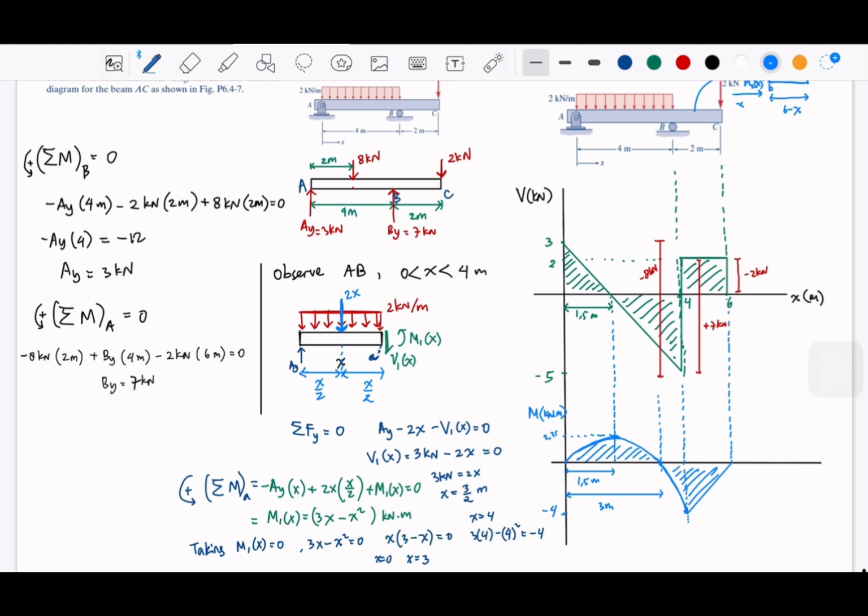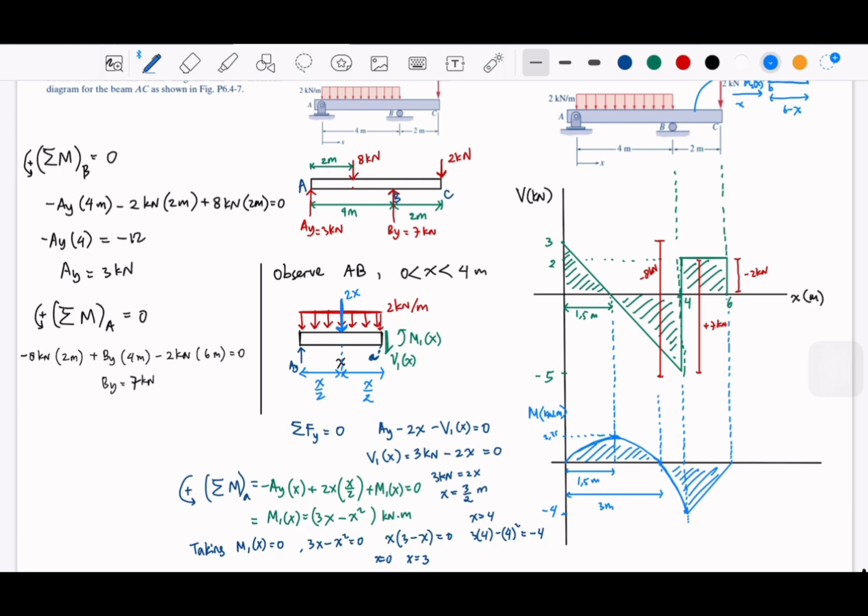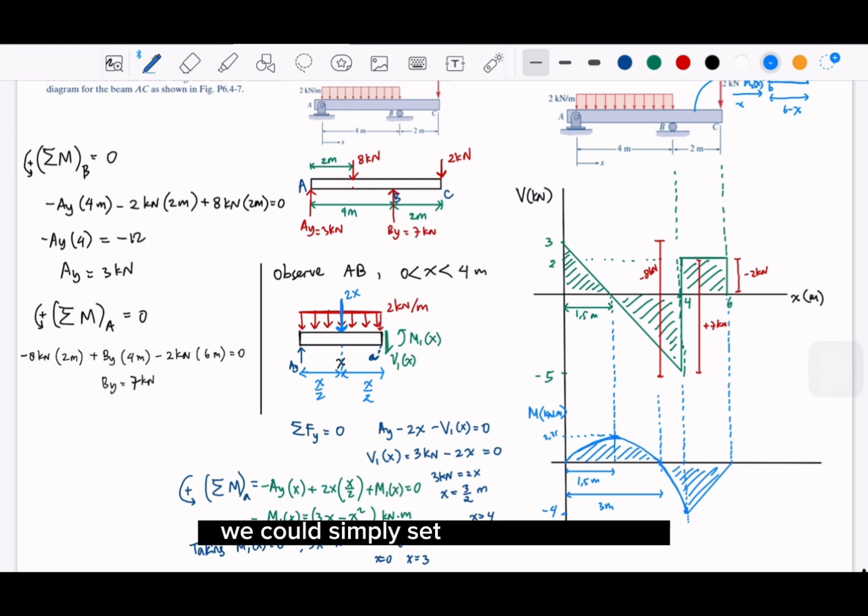I'm preparing two questions, especially where the loading is not a rectangle. For example, if it is a triangle, we will have more complications. If the distribution is a triangle, we could simply set it as a linear equation, and then we integrate.